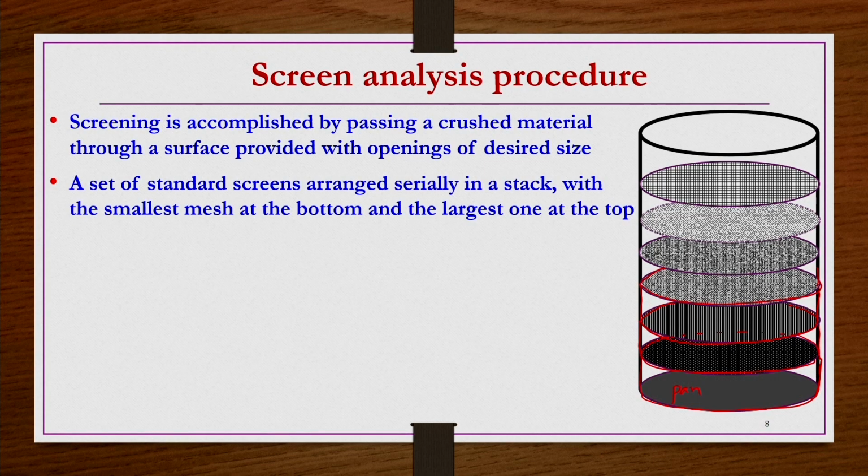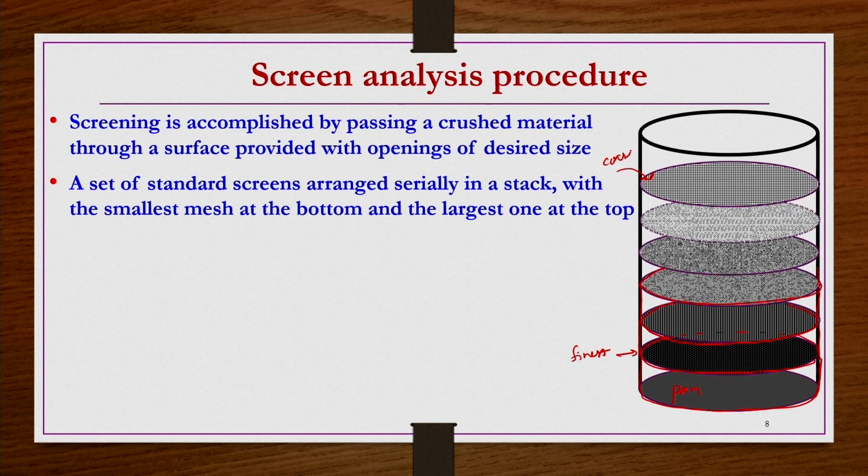How are they arranged? The finest opening one is at the bottom just above the pan, and the coarsest opening one at the top. At the bottom you take a pan without any opening, so that the finest material can be collected at the bottom.